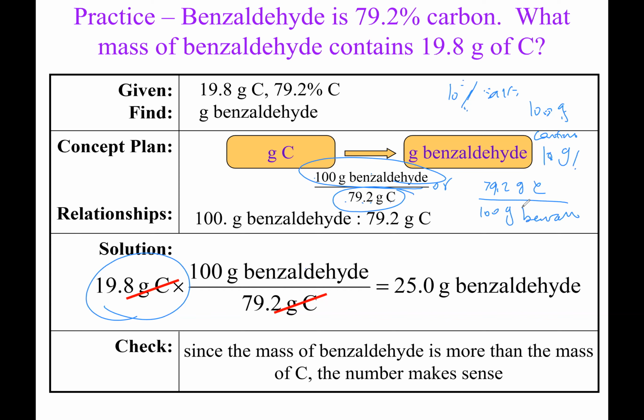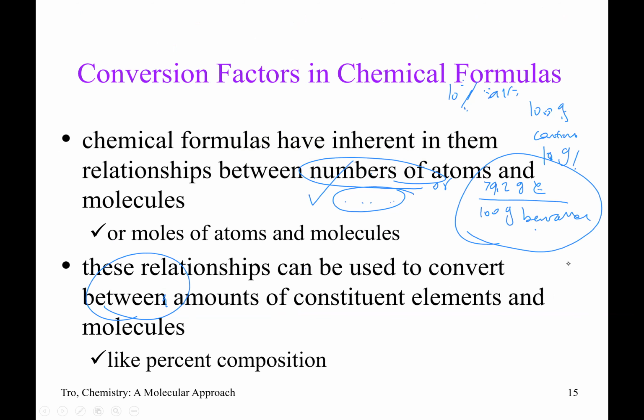If you are given mass of carbon and want to go to mass of benzaldehyde, you would use this one. But if you are given mass of benzaldehyde and want to go to mass of carbon, you would use the way that cancels mass of benzaldehyde. So basically you are using it as a conversion factor.